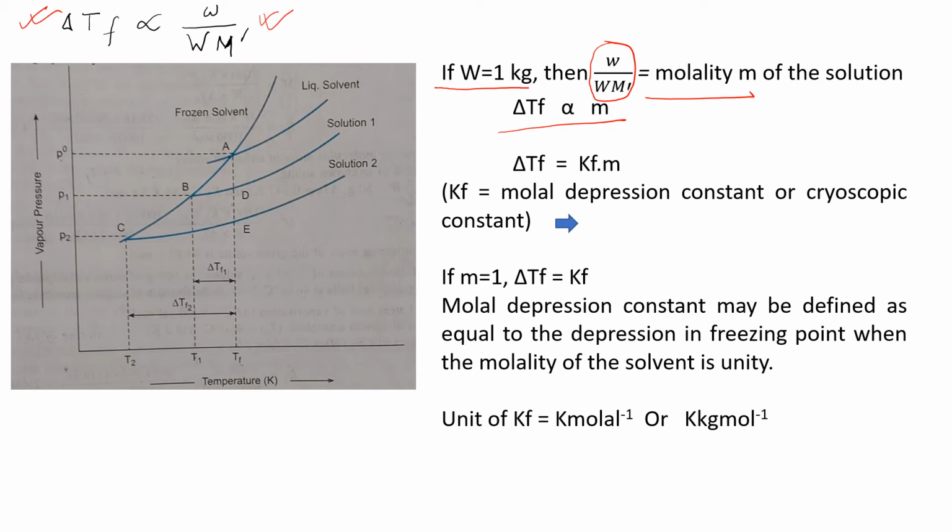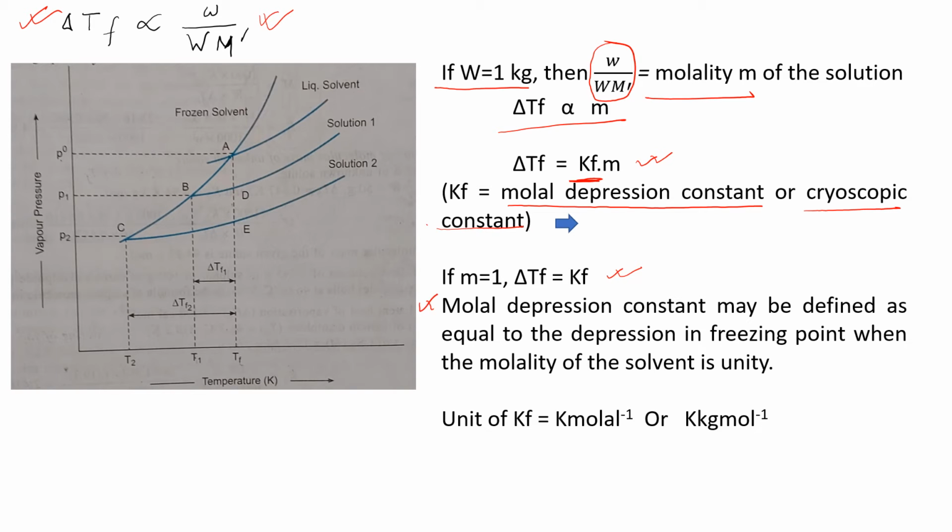Now, to remove the proportionality sign, we have to write one constant, that is Kf, which is known as the molal depression constant or cryoscopic constant. If m is equal to 1, delta TF is equal to Kf.